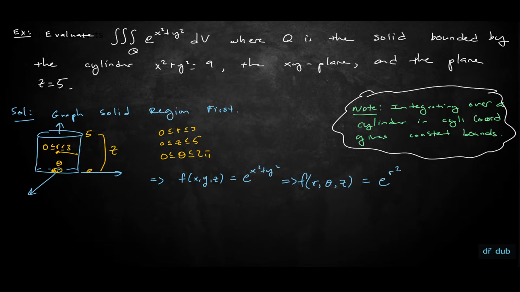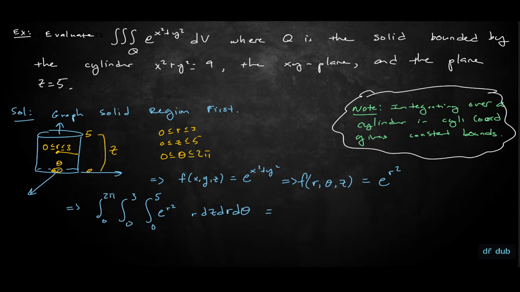So our integrand is going to change to e to the r squared. So then our integral becomes integral 0 to 2 pi for theta, integral 0 to 3 for r, integral 0 to 5 for z, e to the r squared, and then our dv is r dz dr d theta.